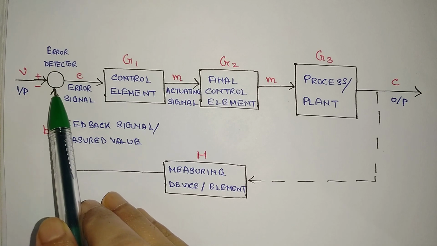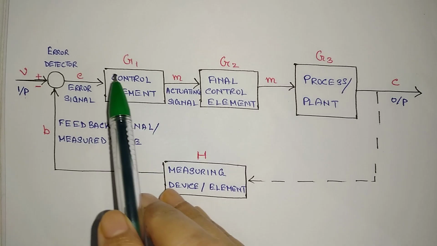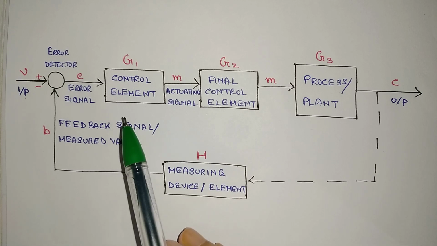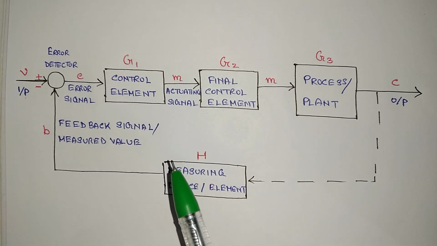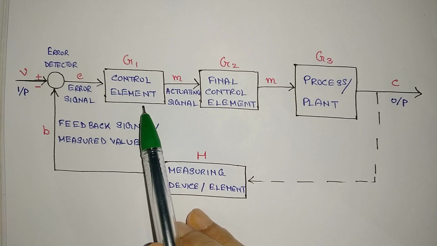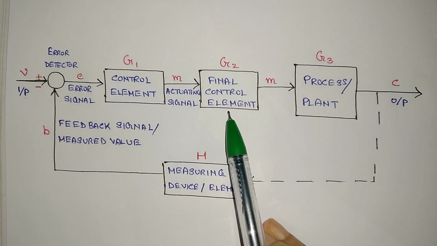Now from the error detector we will send the deviation, that is the error signal, to the controlling element. The controlling element will decide how to decrease the deviation, act upon it, and send the signal to the final control element.